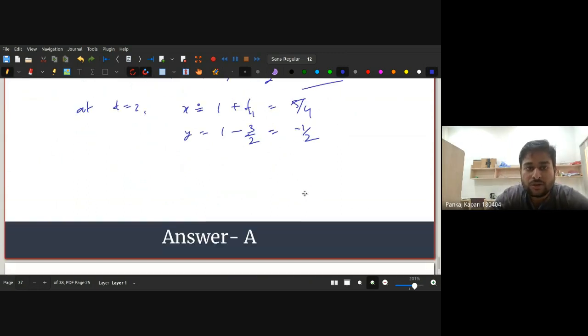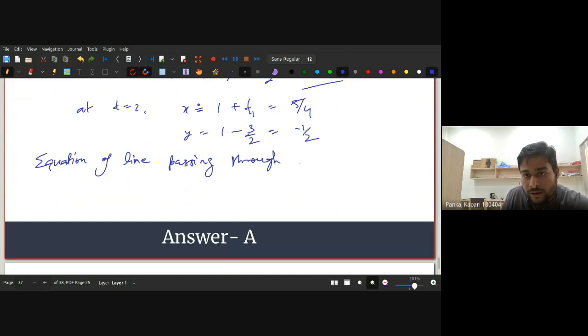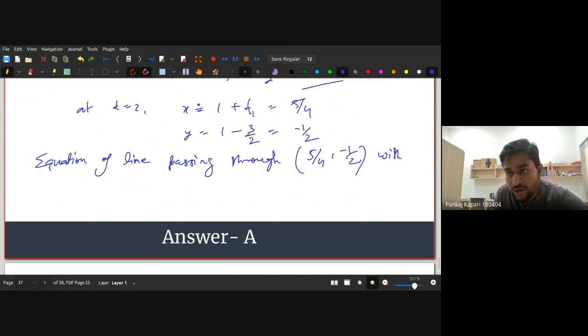Okay, so that means we have to find the equation of the line. The equation of the tangent at that point is basically the equation of the line passing through x equal to 5 by 4 and y equal to minus half, with the slope.